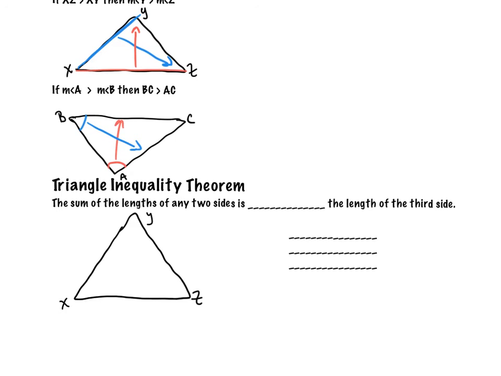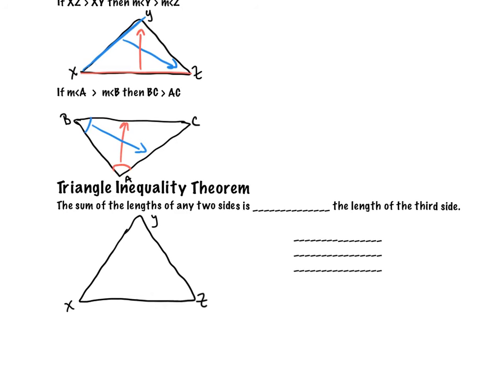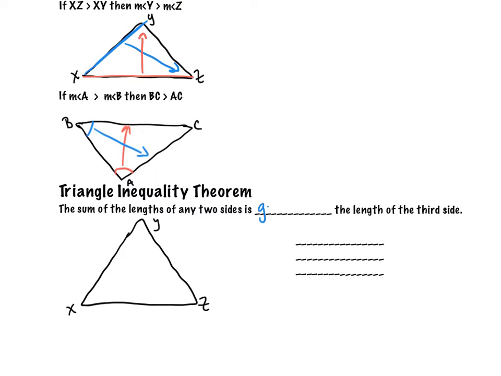Last thing, before we do some examples. We can figure out, based on side lengths that are given, if they could make a triangle or not. The sum of any two sides has to be greater than the length of the third side.